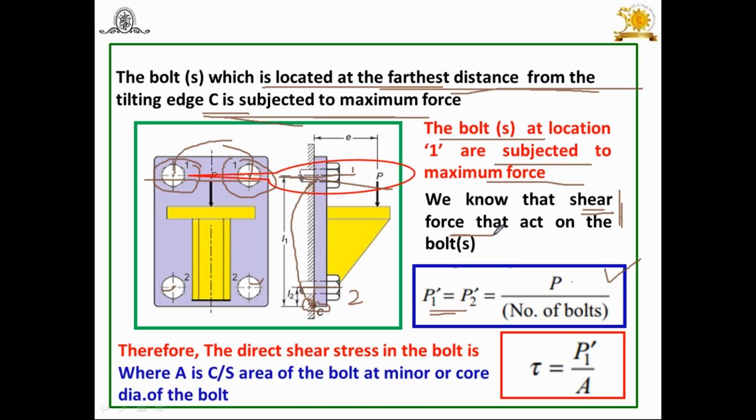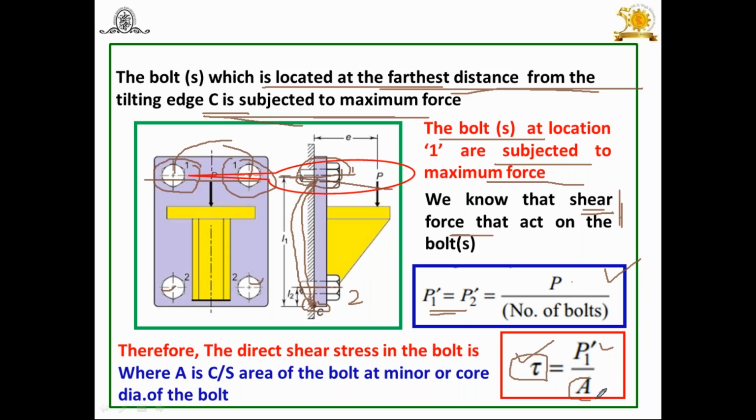And how to find out the shear stress induced in it? By using simple elementary equation, tau is equal to force upon area. So you can substitute P1 dash upon area. Why have I taken P1 dash in this case? Because the bolt which is located farthest from the tilting edge C is P1 dash. So you can use P1 dash, you will get the shear stress tau.